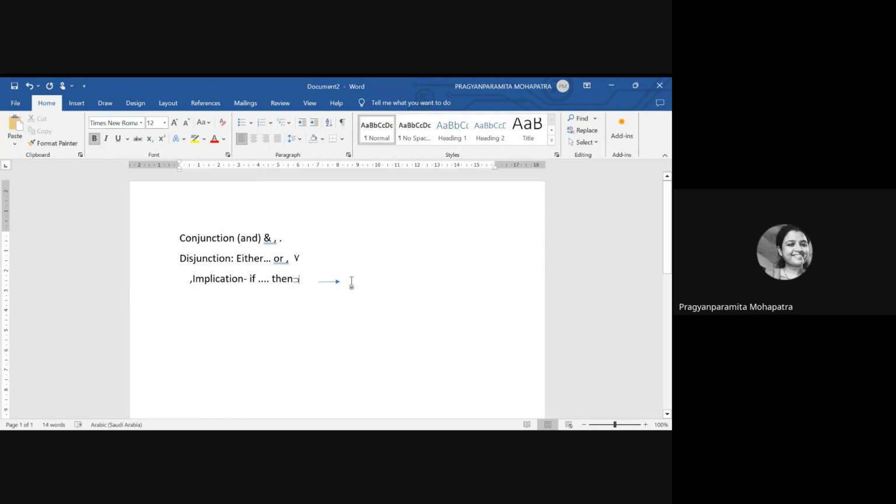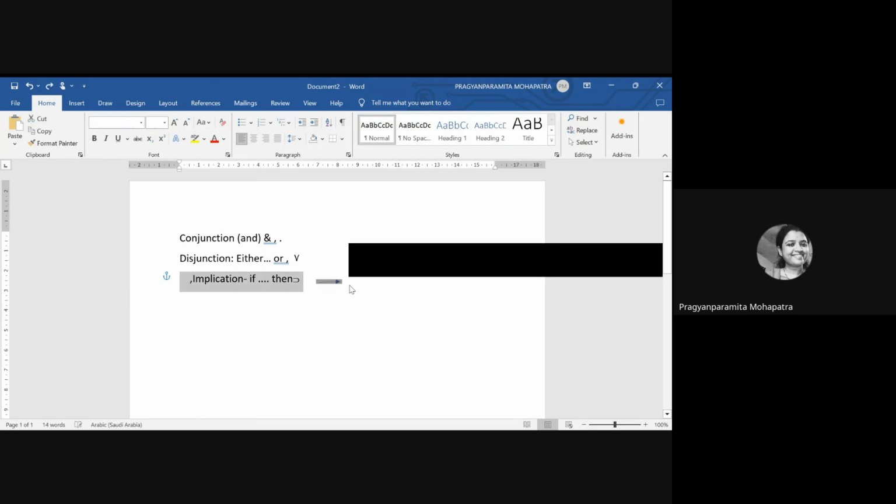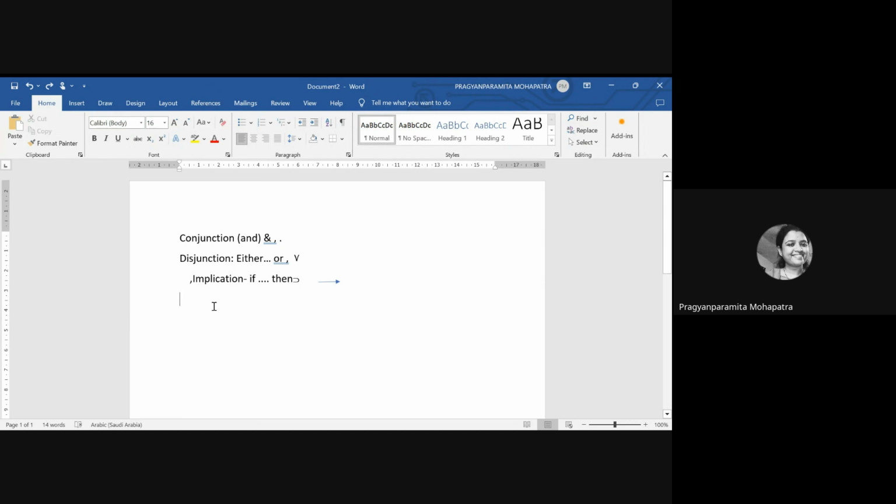Then after implication, next we have negation. Negation symbolically is this. Another is equivalence. Equivalence is if and only if.